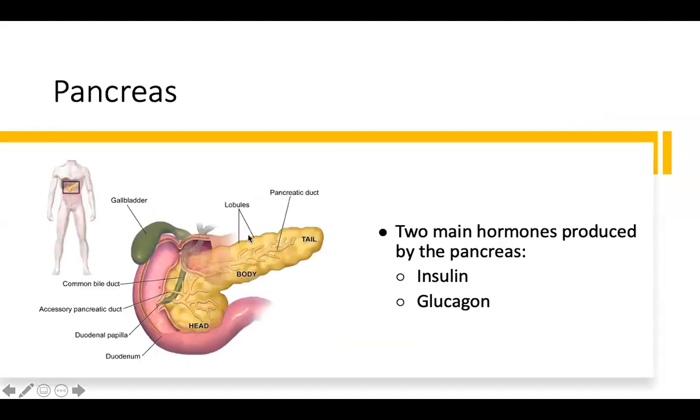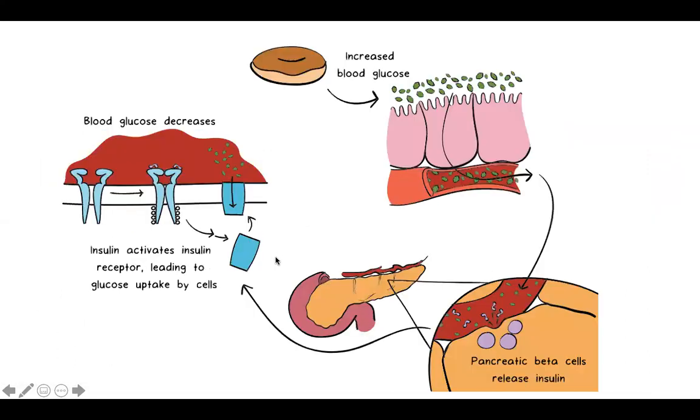Now the pancreas is really important because it's basically where the insulin is made. Here is an example. I like this example because it involves a donut. So this person eats a donut. Their body breaks down the donut into components that can be absorbed into the bloodstream. Now the glucose, the blood sugar, travels along the bloodstream, and it goes into the pancreas.